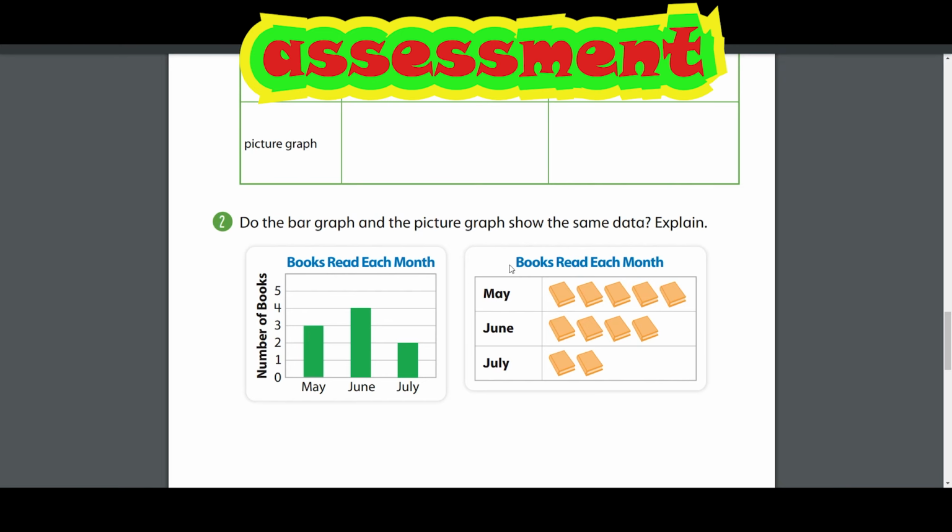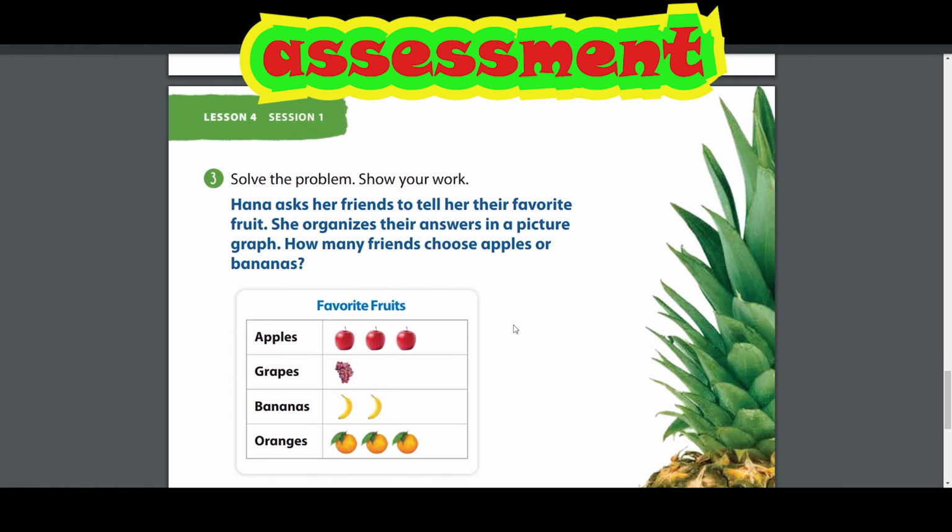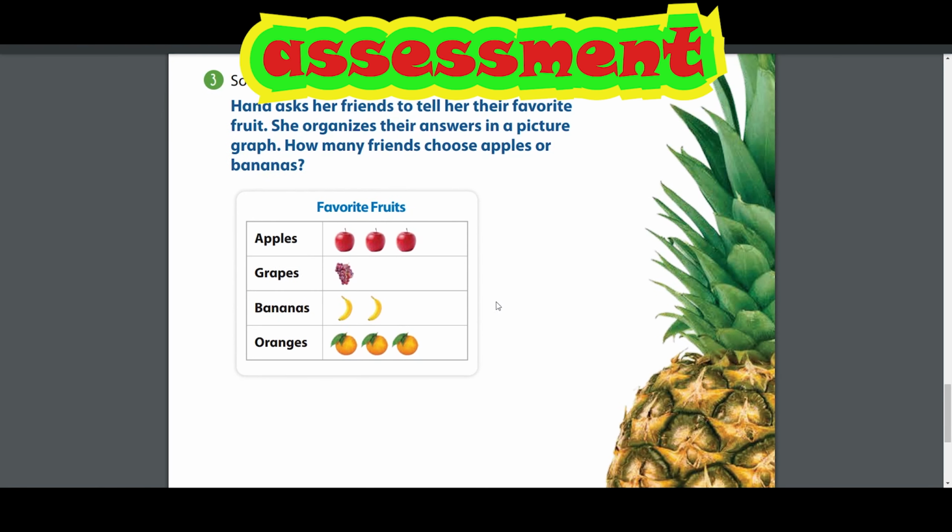The bar graph shows 3 kids, while the picture graph shows 5 kids. It's good to give the students that opportunity to think a little bit, and then they can analyze and use observation to get information.